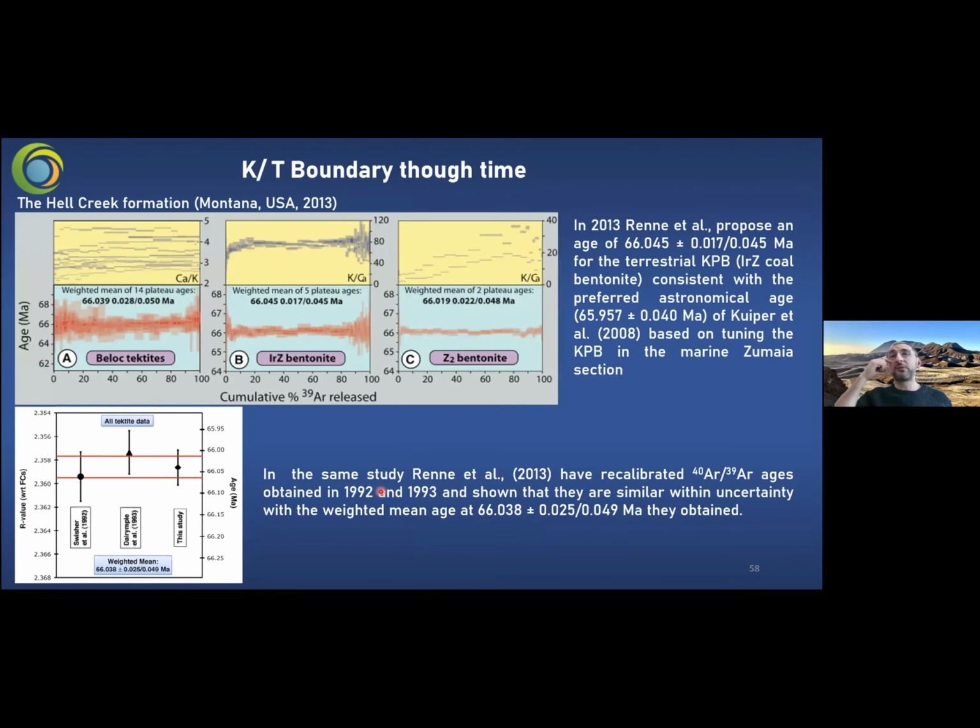Of course, in 2013, they redated the Beloc tektites, and once again, by recalculating the published dates using the new decay constant and the Fish Canyon Sanidine at 28.02, they find the same age, which is good. Meaning, once again, you could always calculate an argon-argon age with another standard.